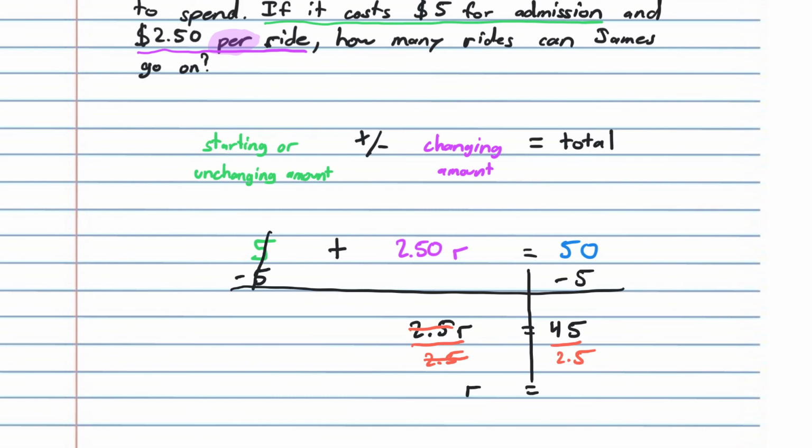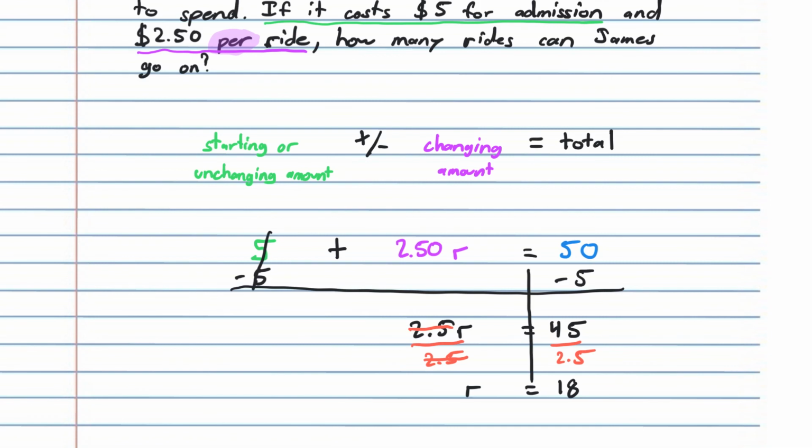It's not a big deal. If you plug it into a calculator, you should get R is equal to 18. Now, in previous quizzes and tests, getting this far would be acceptable. Your answer would be 18. But technically, we have not answered the question yet.